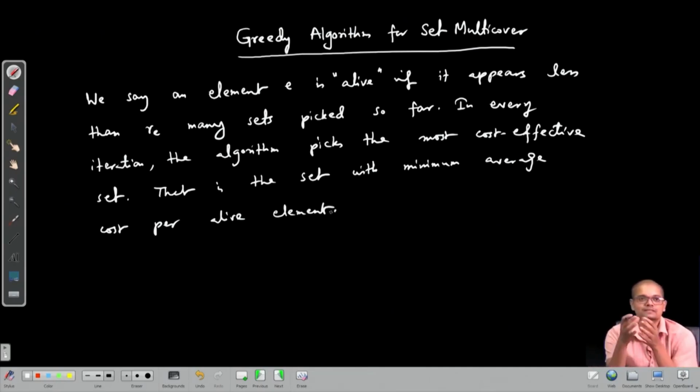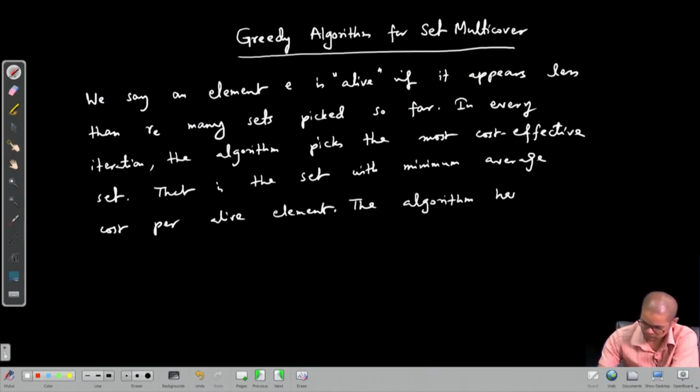That means if a set S contains 10 alive elements, then its cost effectiveness is the cost of that set divided by 10. That is the average price with which it covers an element. The algorithm halts when no element is alive.